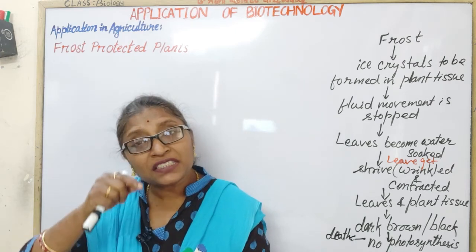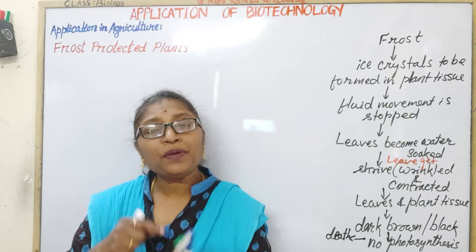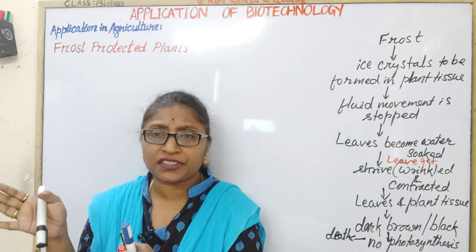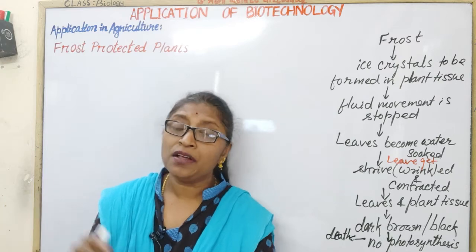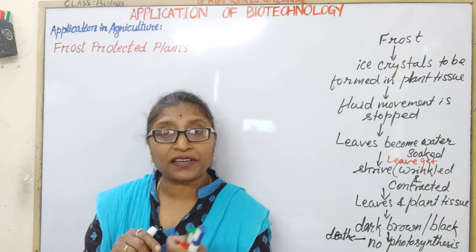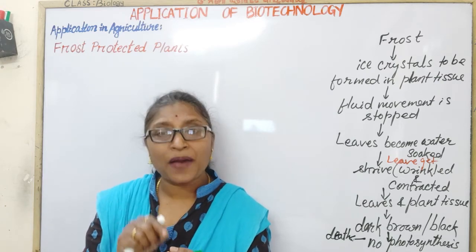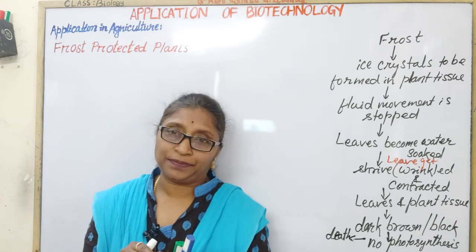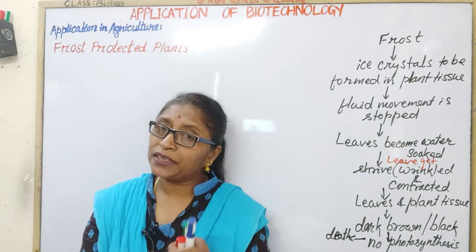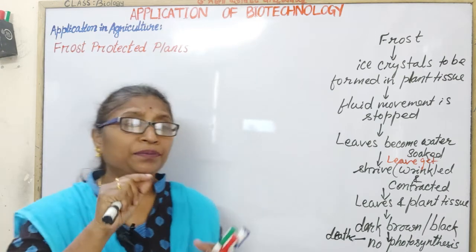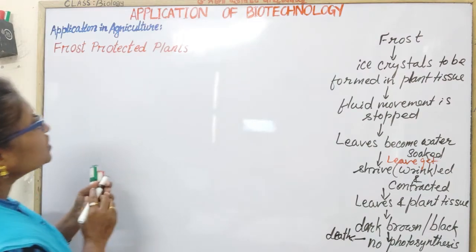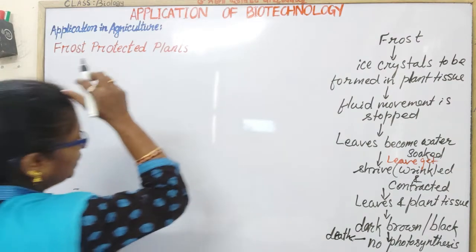So if this gene can be mutated, which is actually already done by genetic engineers, the scientists, this mutant variety is introduced into the plant cell. So how can it be done? By incorporating the ice minus. From which bacterium is it taken?